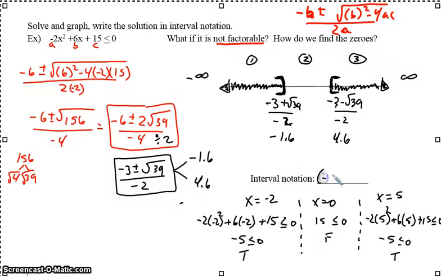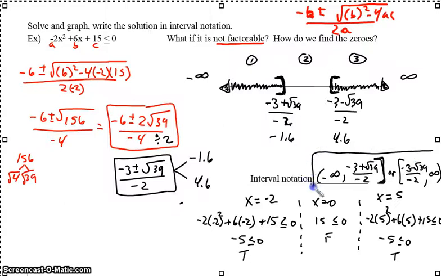We're going to say from -infinity, comma, -3 plus the square root of 39 over -2, bracket. And then or, bracket again, -3 minus the square root of 39 over -2, comma, positive infinity, and a parenthesis. And so that would be our answer in interval notation.